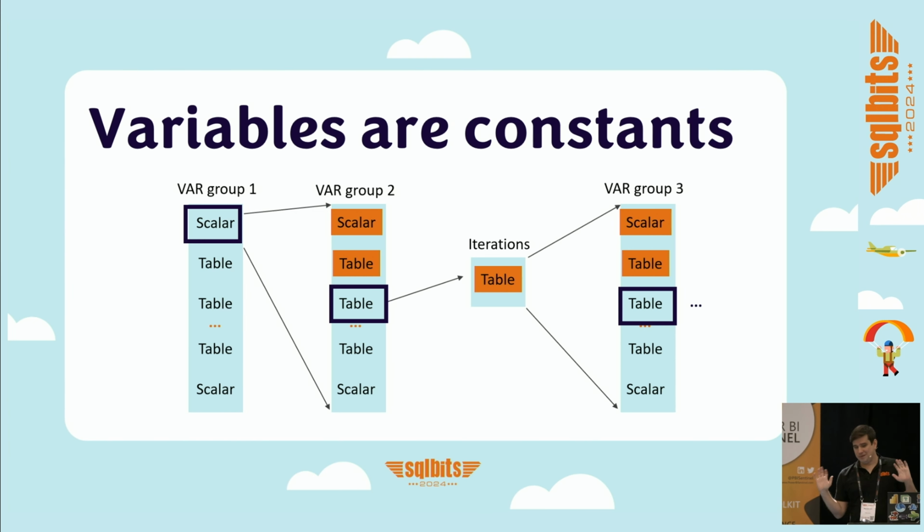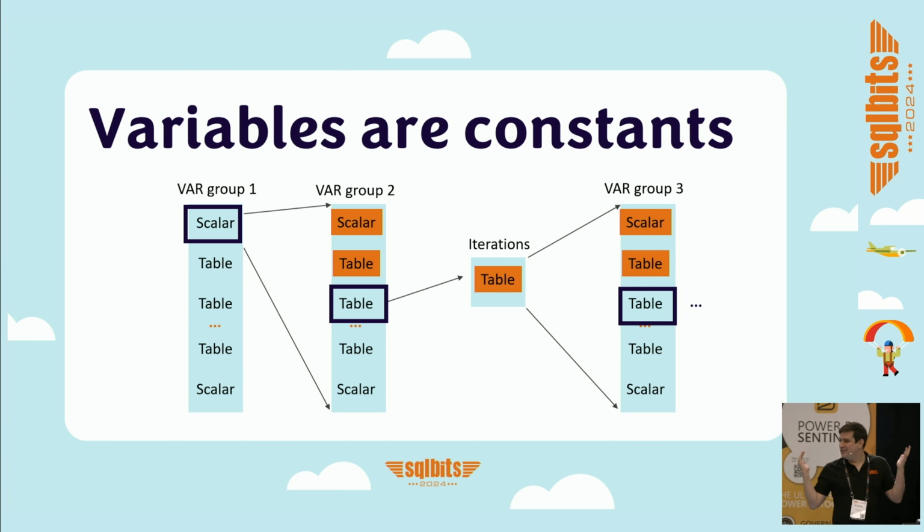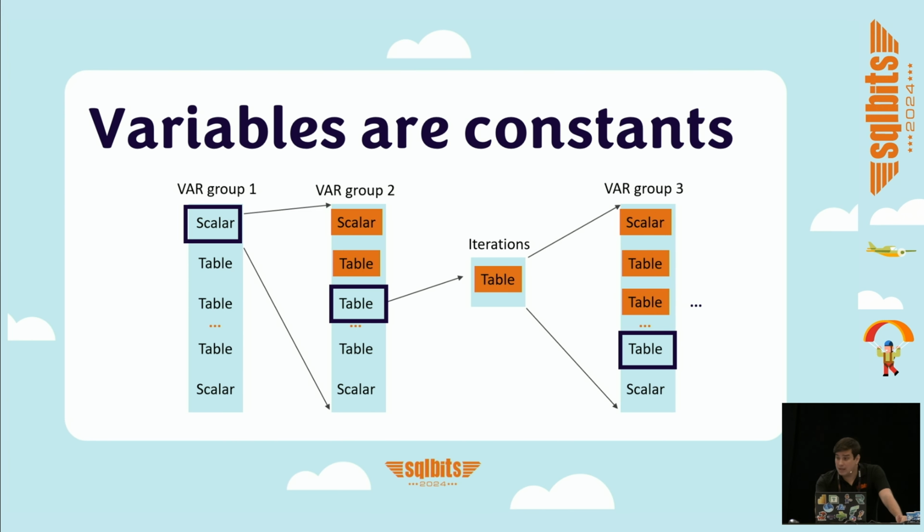That's why the main scenario for variables is actually to get rid of that earlier function that messed everyone's head. Okay, and the variables, they are constants. So whenever you evaluate a context row plus any filter context that you might have, that piece of code will be saved.